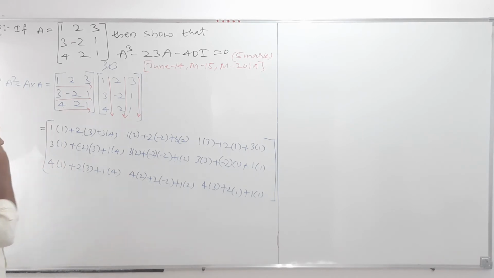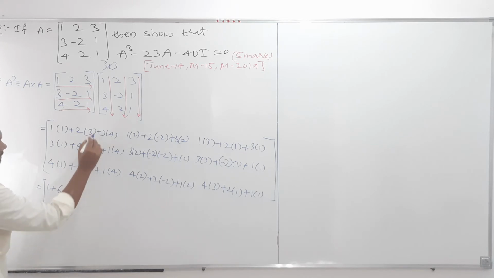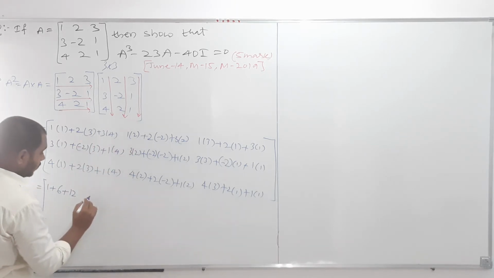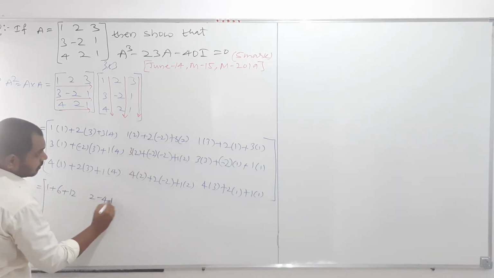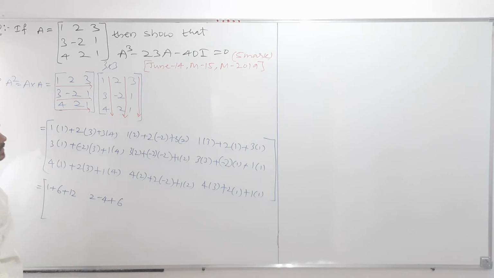So this 1 into 1 is 1, plus 2 3s are 6, plus 4 3s are 12. Next 1 2 is 2 plus minus minus 2 2s are 4 plus 3 2s are 6.